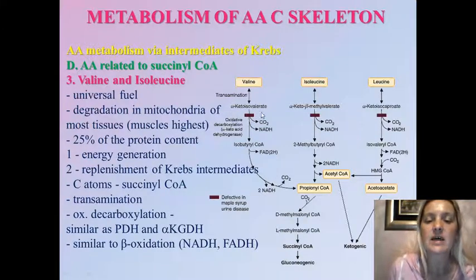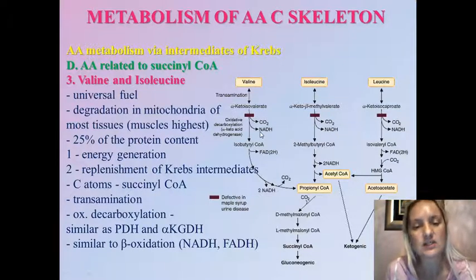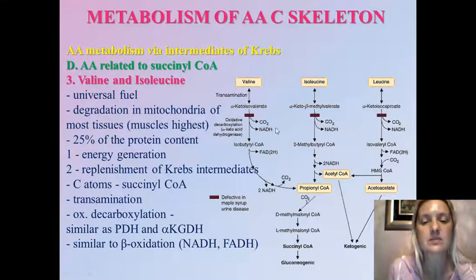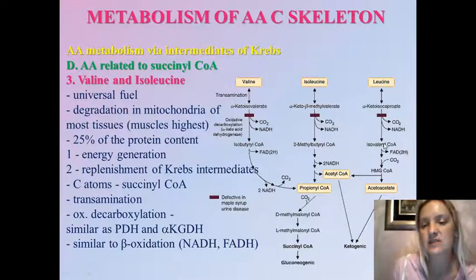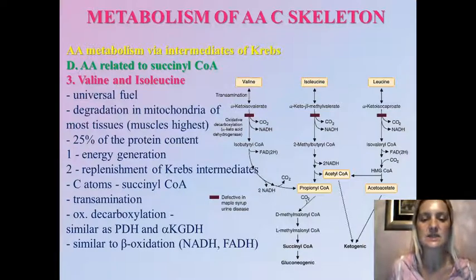So you have decarboxylation and you have oxidation processes at the same time, so formation of NADH coenzyme, and certain intermediates are formed. This reaction is very similar, and the mechanism is very similar to that of the pyruvate dehydrogenase system or alpha-ketoglutarate dehydrogenase system.